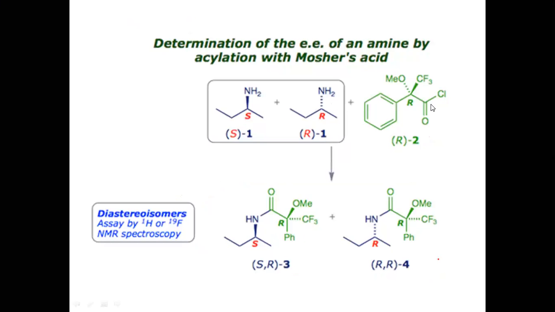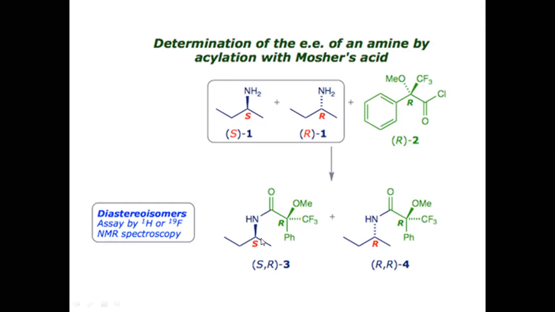Many techniques are available, so we can use them and separate them. Even without separation, we can find out, based on the peak integration, how much amount of S is present and how much amount of R is present.